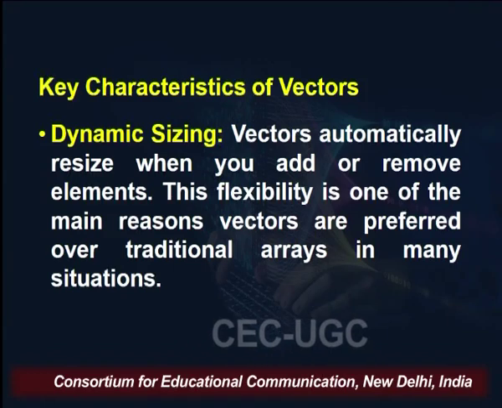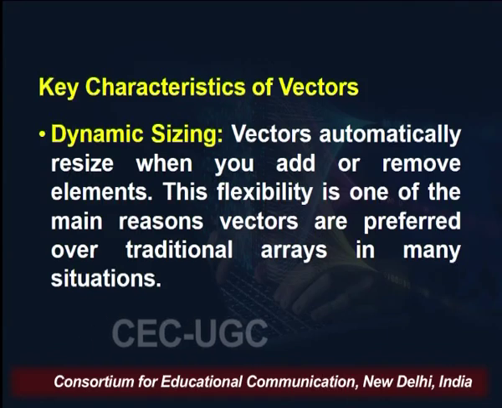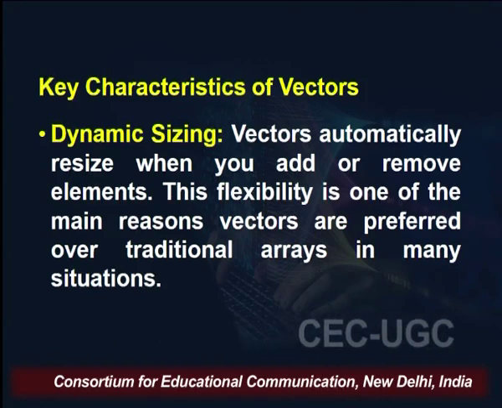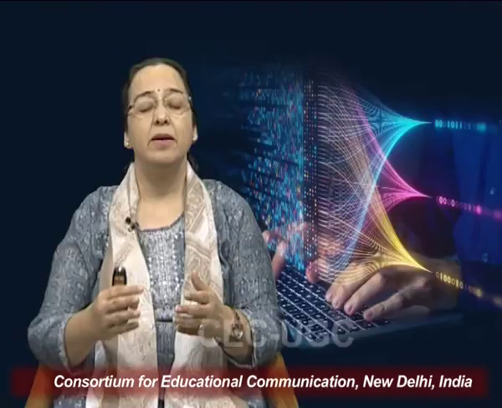This is the flexibility, which is one of the main reasons why vectors are preferred over traditional arrays, because in traditional arrays, I cannot say that resizing cannot be done. Of course it can be done, but there are very different ways. For example, if you want to increase the size of the array, a larger array has to be taken, then all the elements available in the array are to be copied onto that larger array.